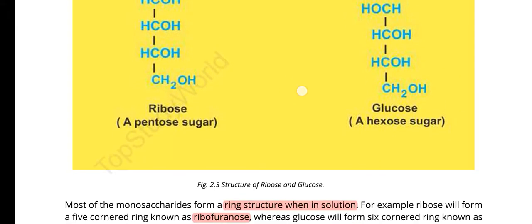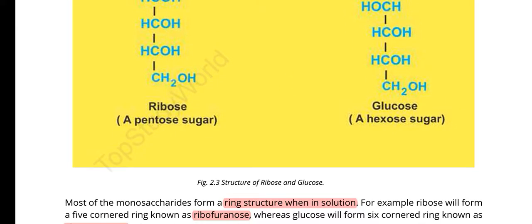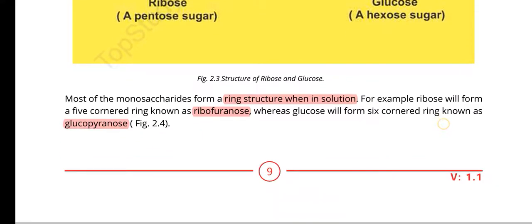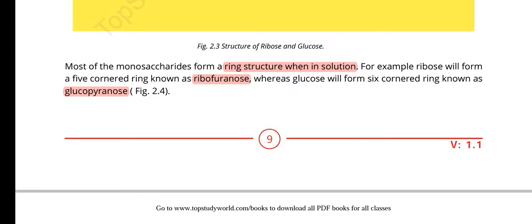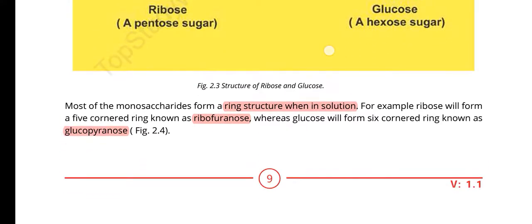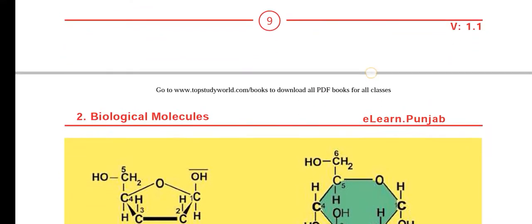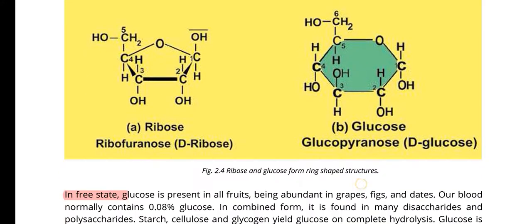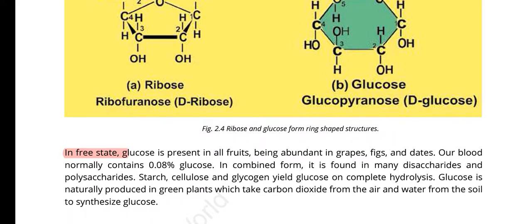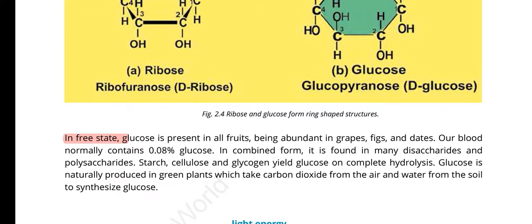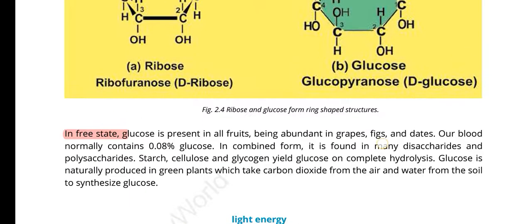Ribose is an aldopentose, and glucose is an aldohexose. Ribose forms ribofuranose, whereas glucose will form the six cornered ring, that is glucopyranose. In the ring structure in solution, ribose will be D-ribose, that is ribofuranose, and glucose will be D-glucose.